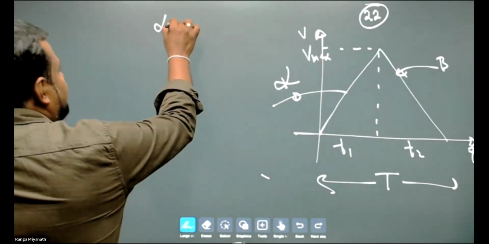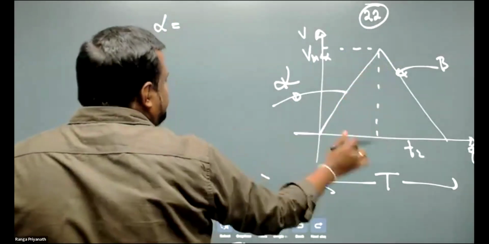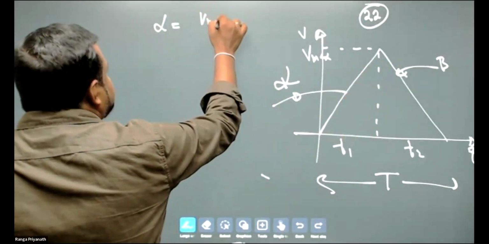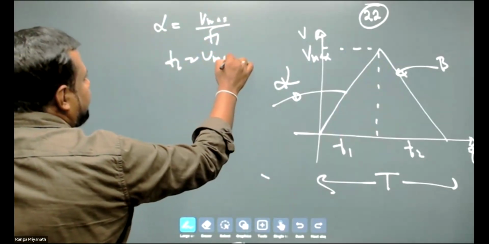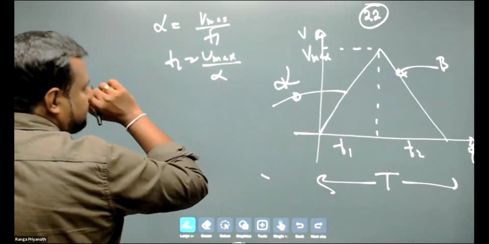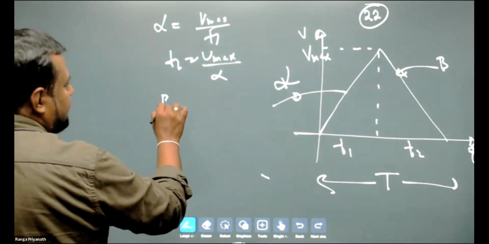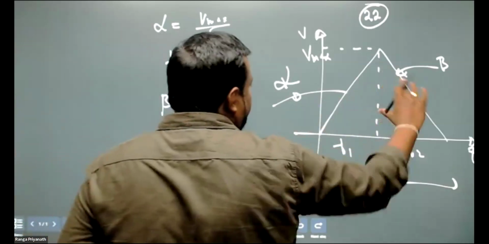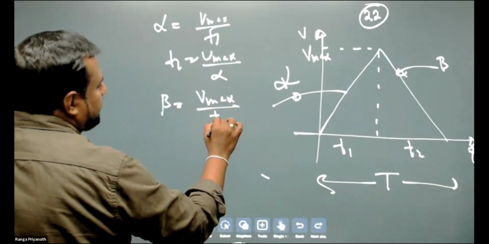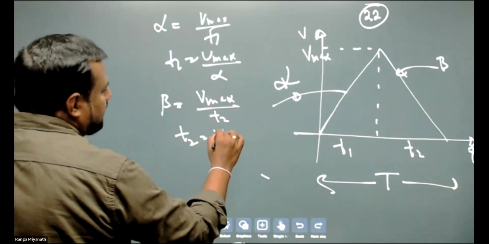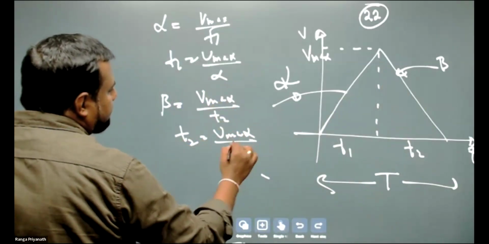Alpha is the gradient, so alpha equals Vmax divided by T1. So T1 equals Vmax divided by alpha. Similarly, beta equals the gradient Vmax divided by T2, so T2 equals Vmax divided by beta.